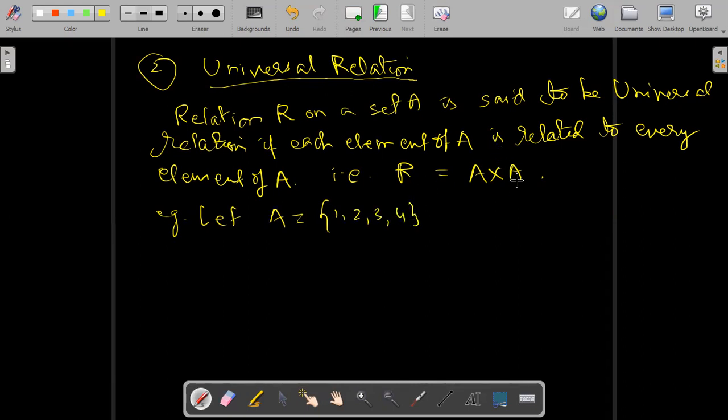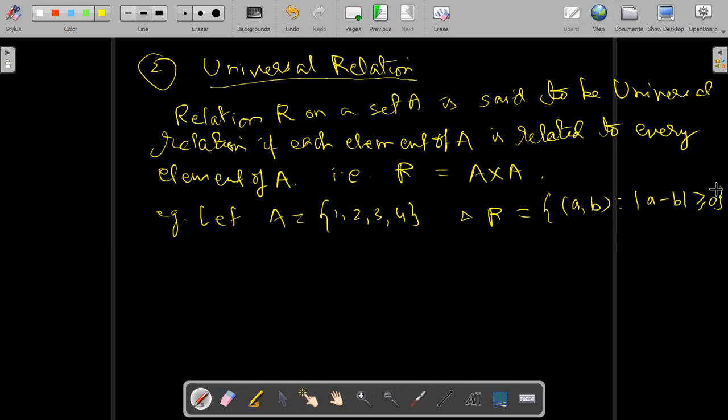Okay, and the relation is defined as R, the set of ordered pairs where the mod of the difference of two numbers is greater than or equal to 0.